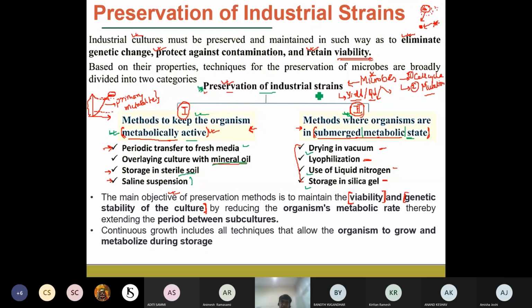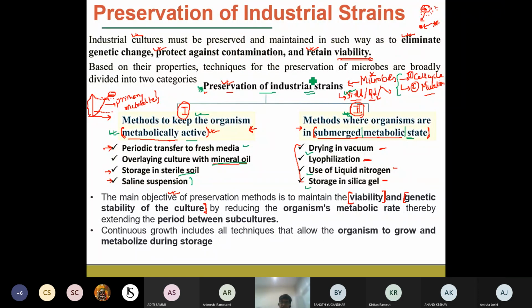For example, if you are going to use a particular microbe in an industry for production of any particular biochemicals, we would look for a higher yield and the highest quality, and we need to maintain that during the fermentation process. Whenever you get the strain, it should be genetically stable and should not undergo any genetic change.